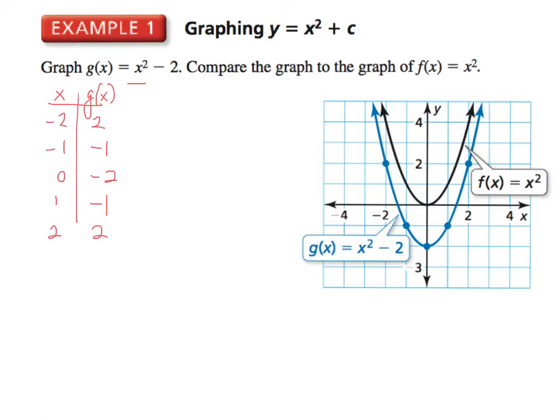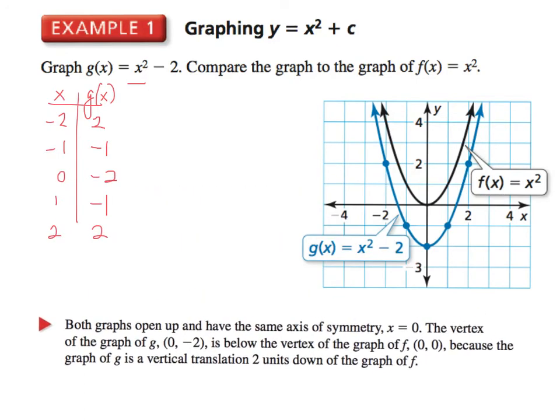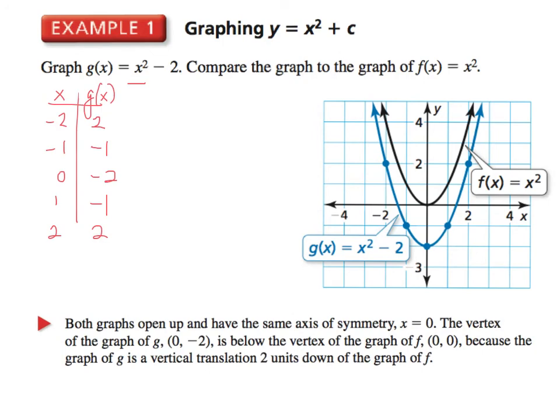Both graphs also have the same what? They have the same axis of symmetry. What else do we know? Well, we know the vertex of the first one is 0, 0, but of g, it's 0, -2. So the vertex actually went down 2. And then why is that? Because it's a vertical translation 2 units down.